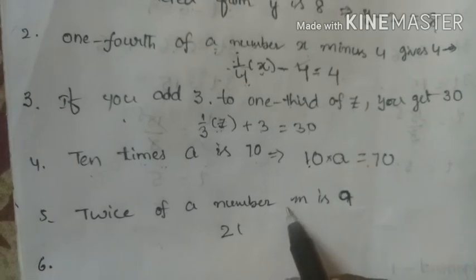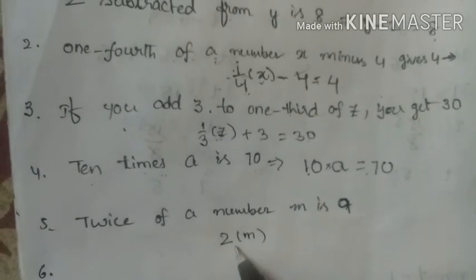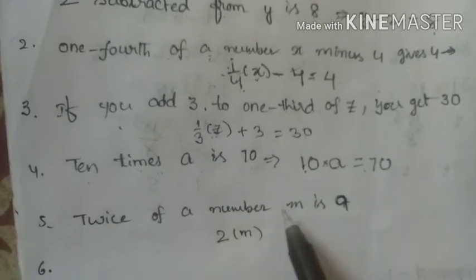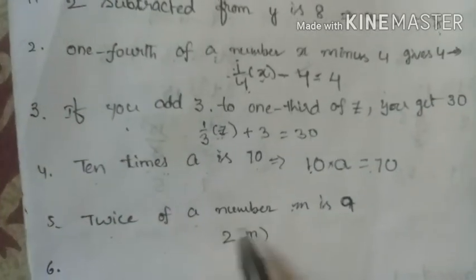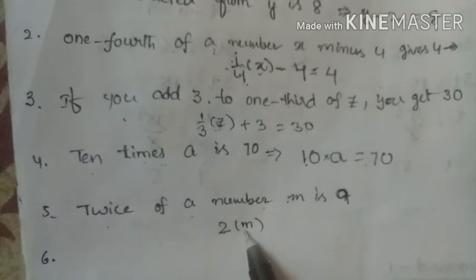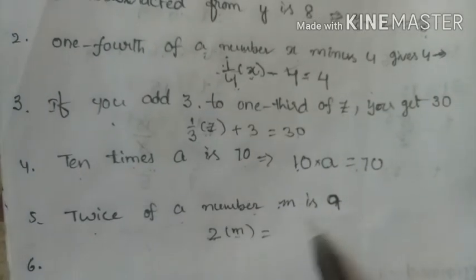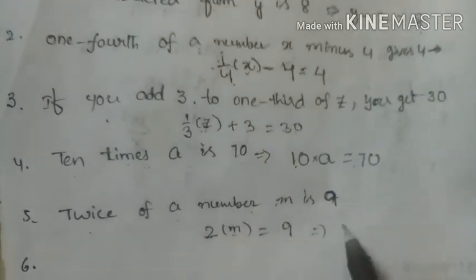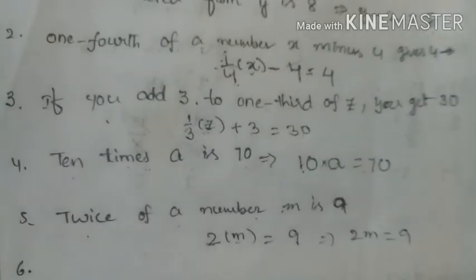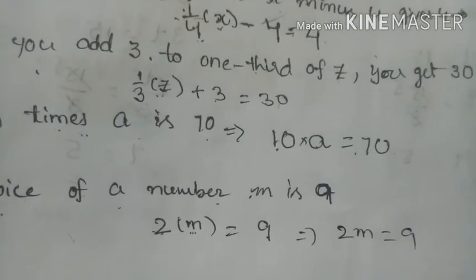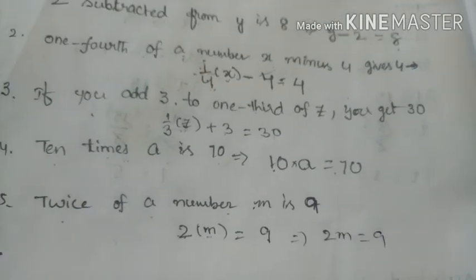What is the number? m. Twice of a number is 2 times of a number. That is 2m is 9. So 2m is equal to 9. In this way we have to form the equations.